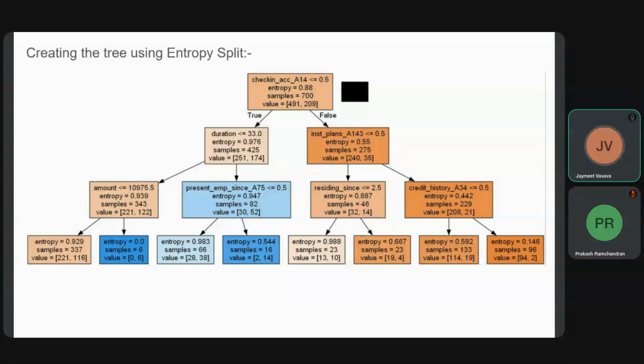When we use the same decision tree with entropy, we get the same split and the same kind of conditions used to split the tree. As you remember, the decision tree started with the split on checking account A14, and based on duration and installment plans, the second level of the tree was split.